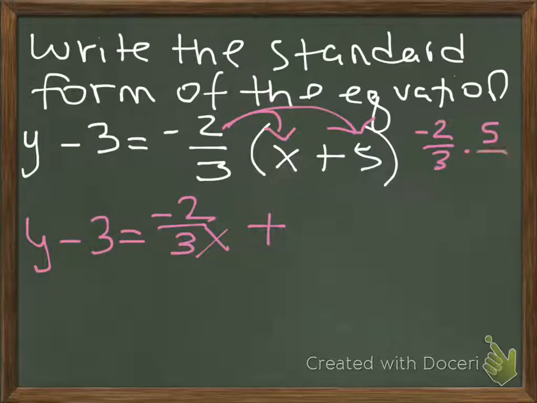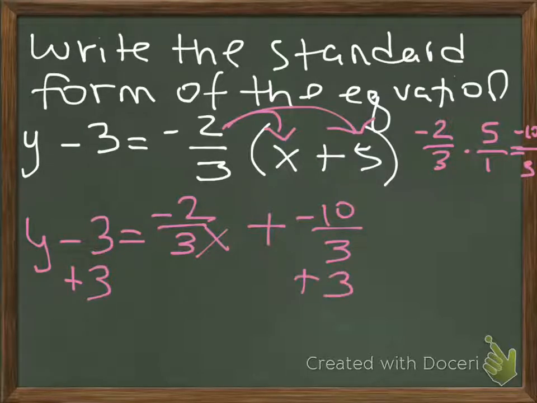We don't need a common denominator, so we're just going to multiply numerators over denominators. That gives us negative 10/3. We have to combine our numbers, so we're going to add the 3. So now we have y equals negative 2/3 x and negative 10/3 plus 3.